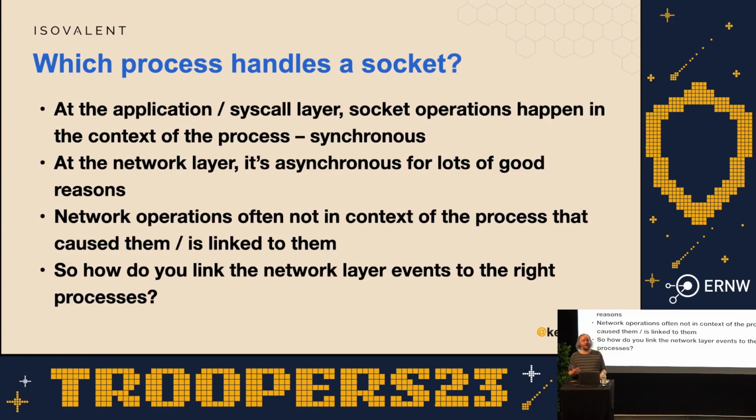And when that SYN ACK arrives, the kernel's busy doing something else in the context of a different process. But it knows about the socket, so then it can send the ACK, and that's then established. Equally, if you're listening on a socket, and in comes a SYN, and the kernel replies with a SYN ACK, and it establishes that listening socket, it's busy in the context of another process, so it doesn't really know. If we hook those functions, we can't tell which process has done those actions.